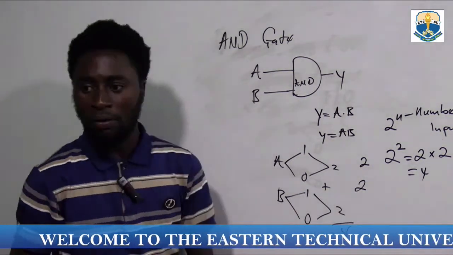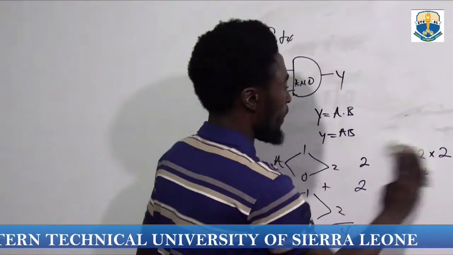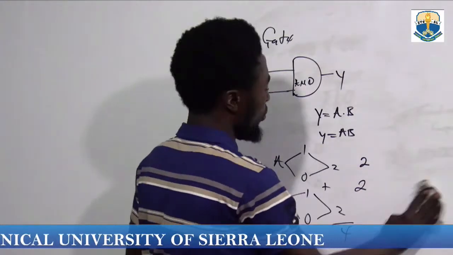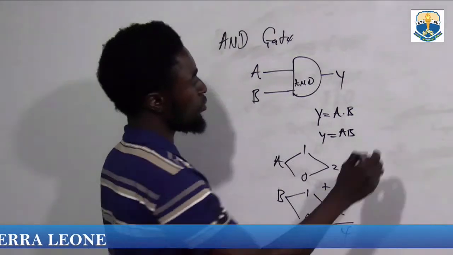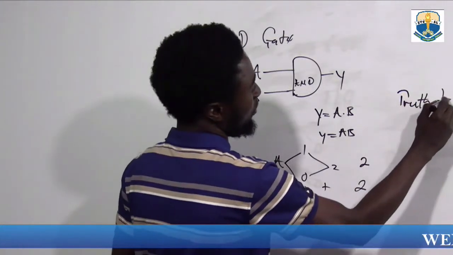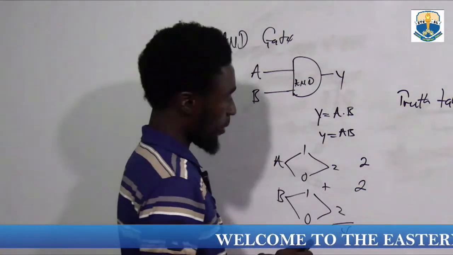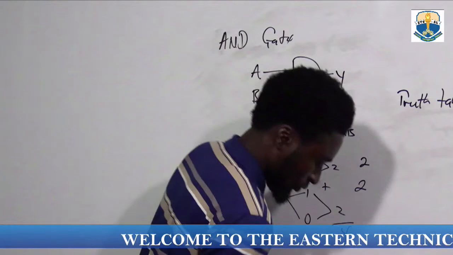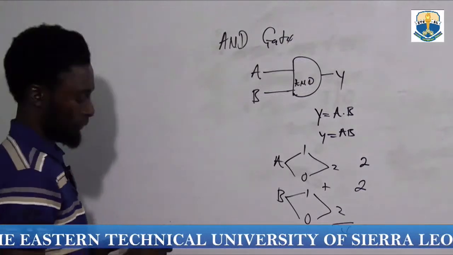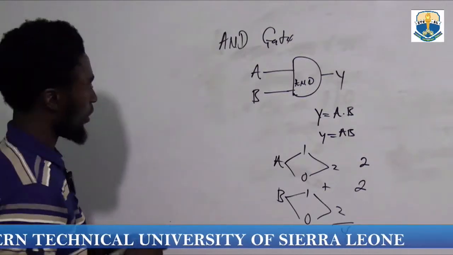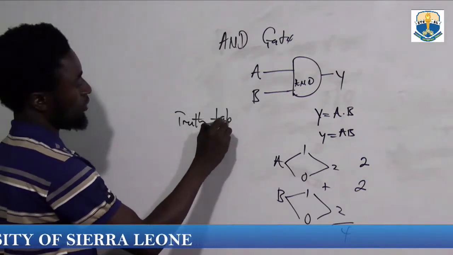But now let's draw our truth table. Of course, we already know our output. So this is our truth table.